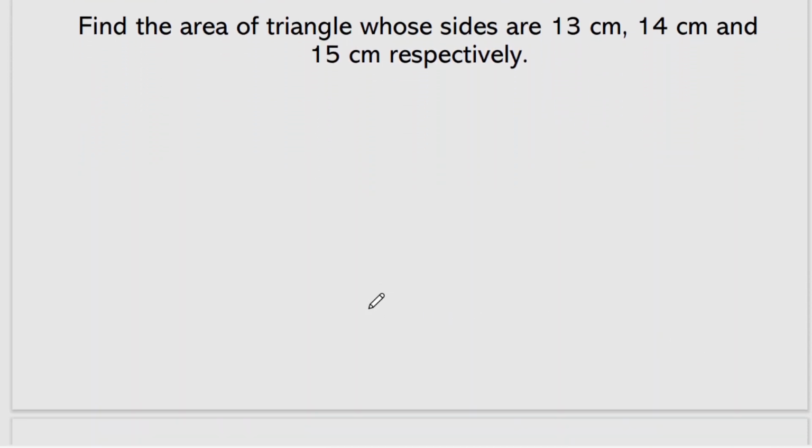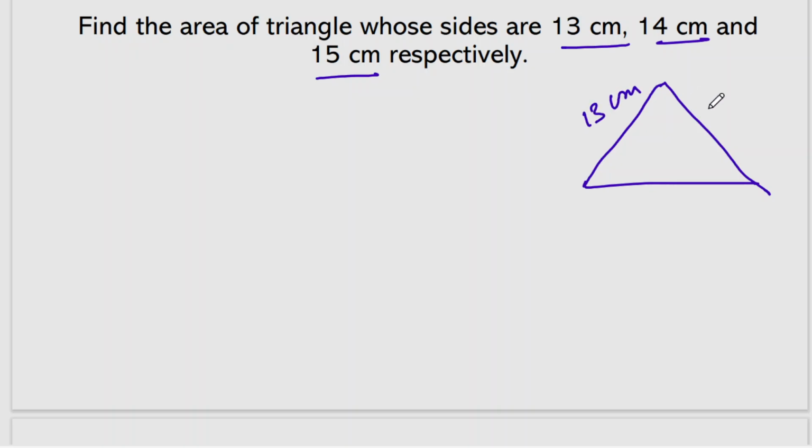Find the area of a triangle whose sides are 13 centimeter, 14 centimeter and 15 centimeter. Okay. So we have got the triangle whose sides are given as 13 centimeter, 14 centimeter and 15 centimeter.